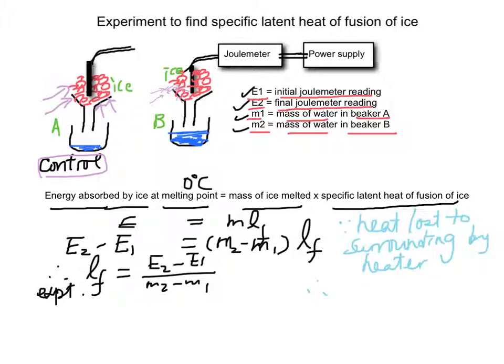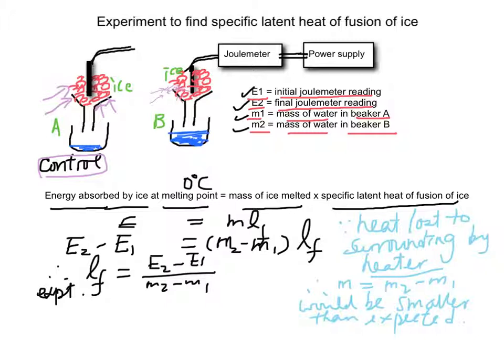Since there is heat loss to surrounding by the heater, the mass of ice melted by the heater, M, which is equal to M2 minus M1, would be smaller than expected.